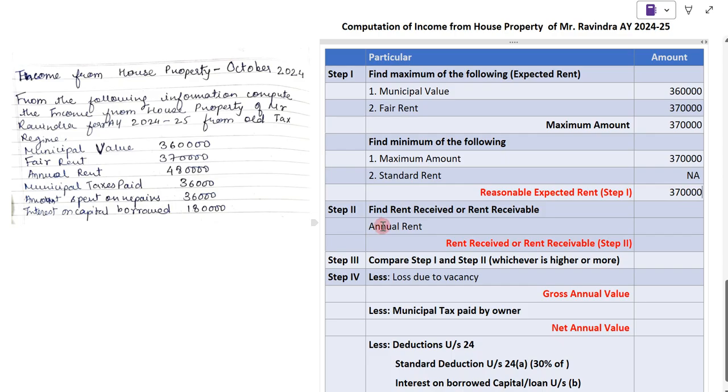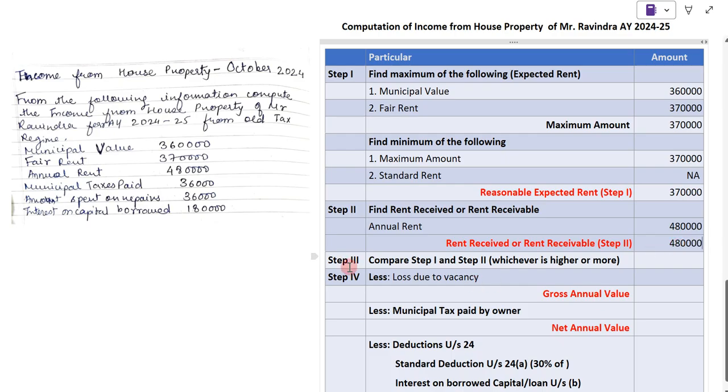Now the next step is to find the rent received or rent receivable. How much is the annual rent? 4,80,000 is the annual rent. So the final value we got is 4,80,000.